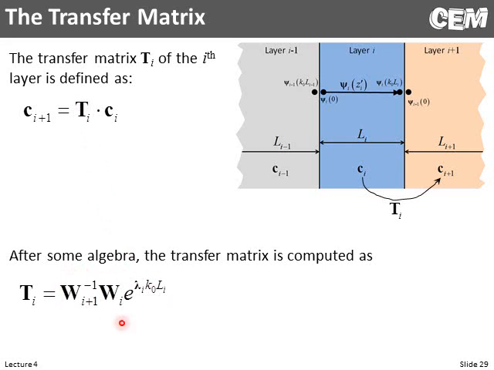And so that's what we get in the end. So that's the transfer matrix for the ith layer. And what that does is it takes the mode coefficients in the ith layer and lets you calculate the mode coefficients in the next layer. So you can already maybe try to envision this process. We're going to step through layers, calculating the transfer matrix the whole way, right?